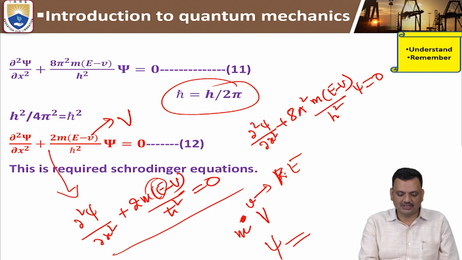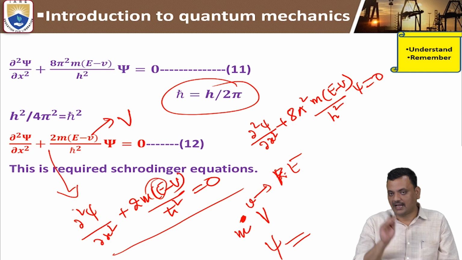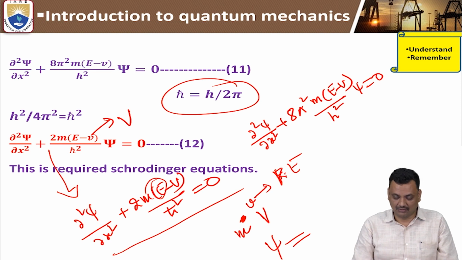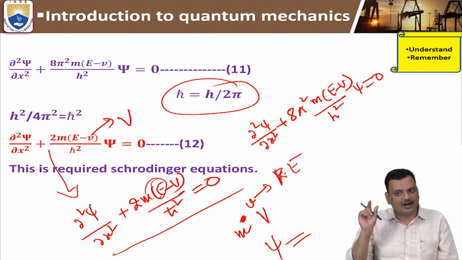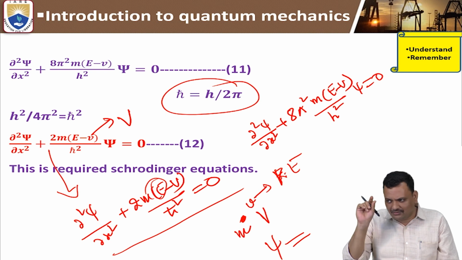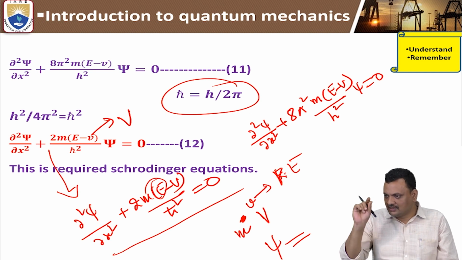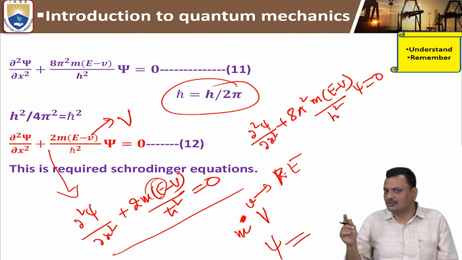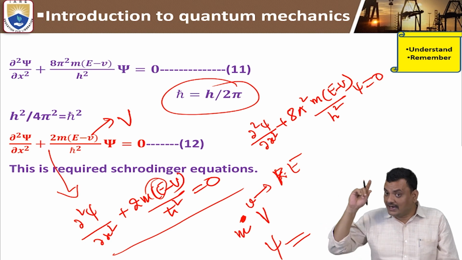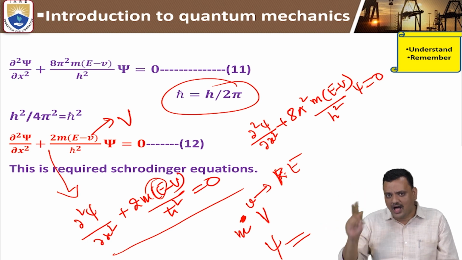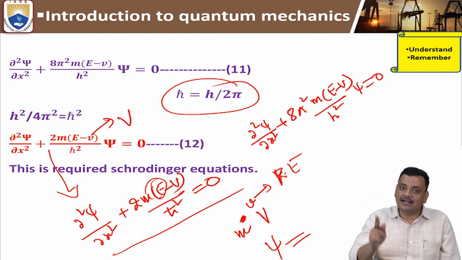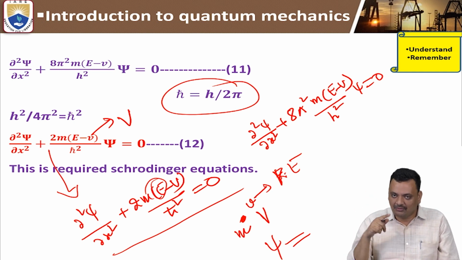So this is the Schrodinger equation, time independent. There is no term of time here. This is the time independent Schrodinger equation, and one of the keystones, foundation stones of quantum mechanics. So if you are able to write down the Schrodinger equation of any moving particle, then after solving it you will get the wave function, and that wave function will contain all the information about that moving particle. How?